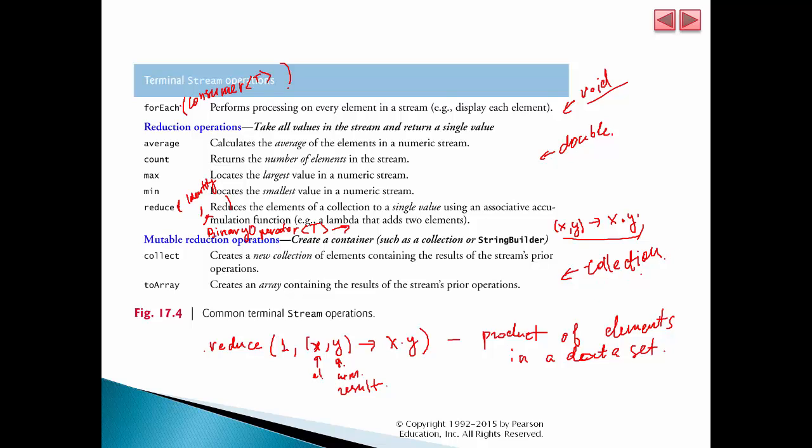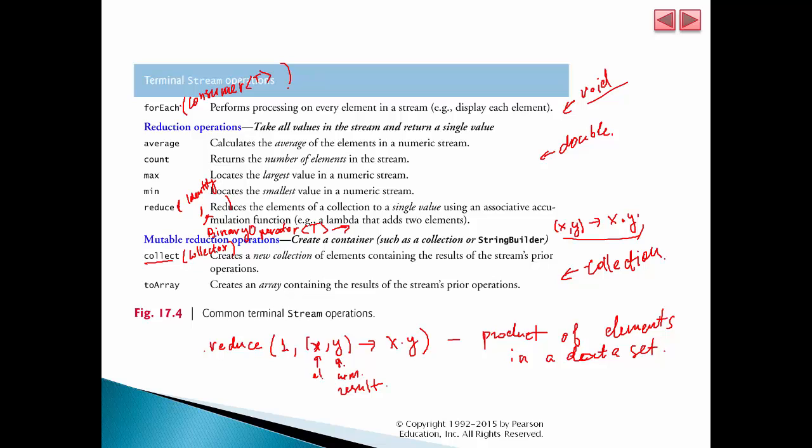So it is any instance of a collection. The collect method gives you a list, a set, or anything that we discussed in the collections framework. It requires as an argument something called a collector, some instance of a collector.